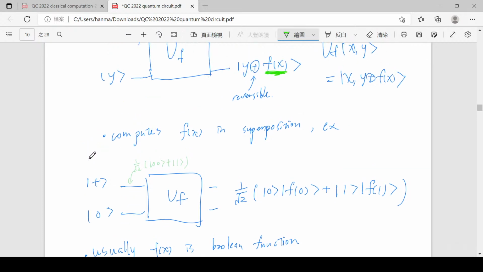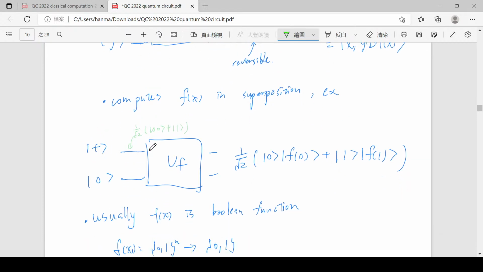Instead you put the plus state here, and y is 0. So this plus is |0⟩ plus |1⟩, and the state here is |0, 0⟩ plus |1, 0⟩.